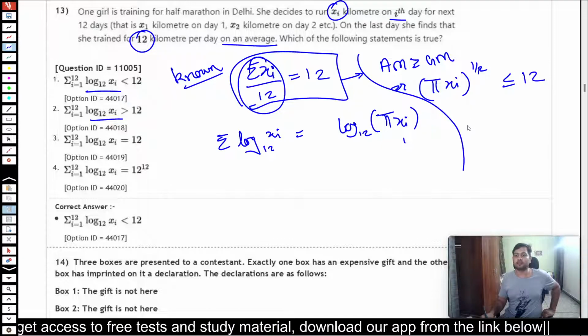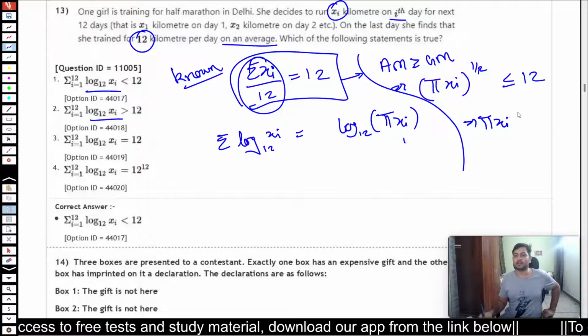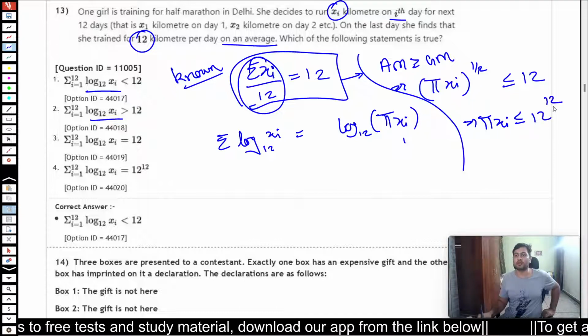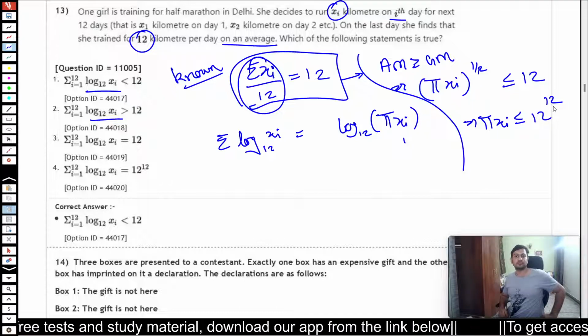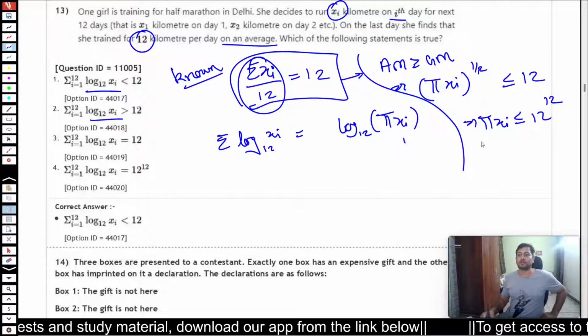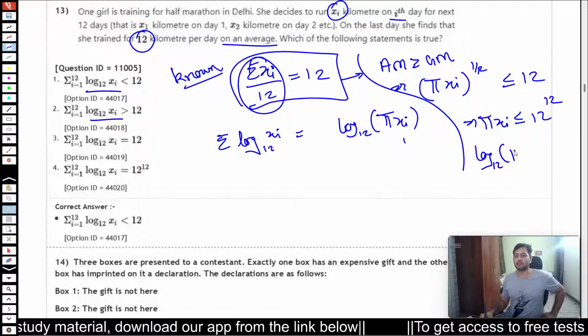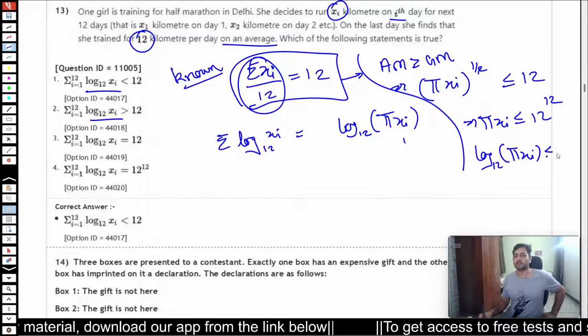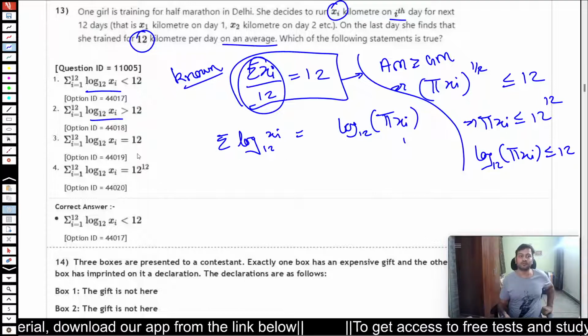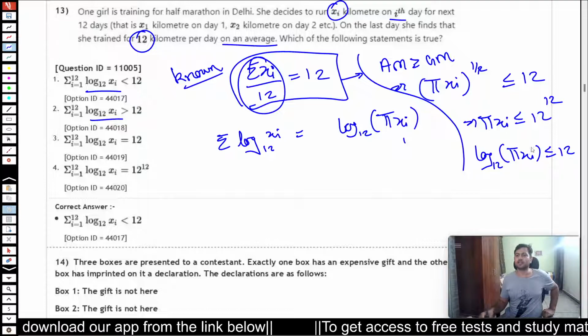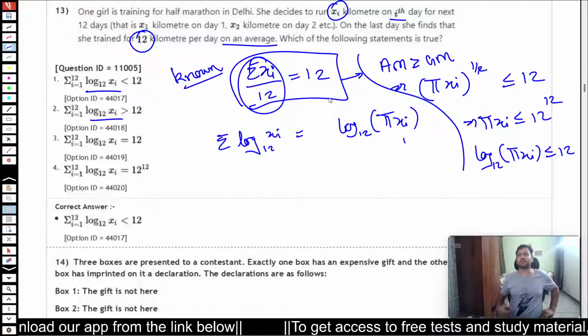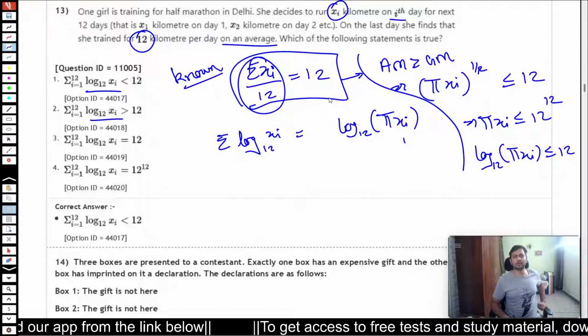So pi x_i should be less than or equal to 12 to the power 12. So log to the base 12 of pi x_i must be less than or equal to 12. Strictly less than 12, because she is traveling a different distance on each day.